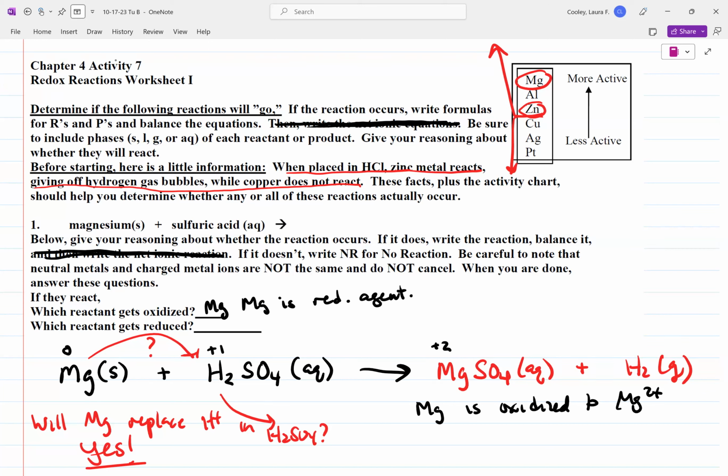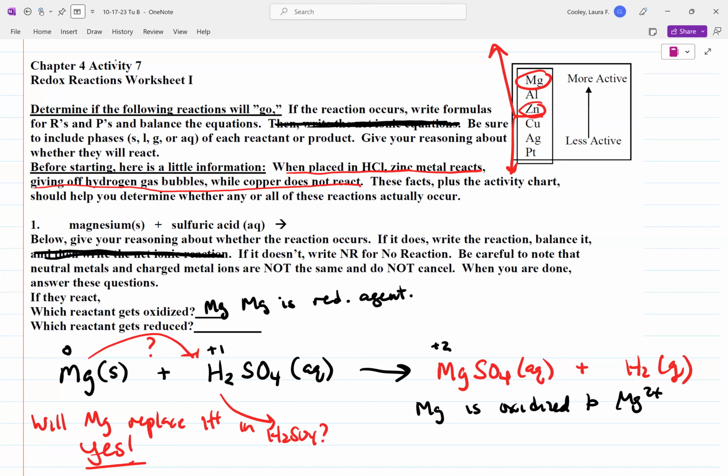Now notice, this is something we do all the time. Hydrogen is the hydrogen ion. When an acid breaks into ions, you get H+ here and SO4 2-. I put a +1 on the top. +1 is for one hydrogen. The oxidation numbers are for one atom.